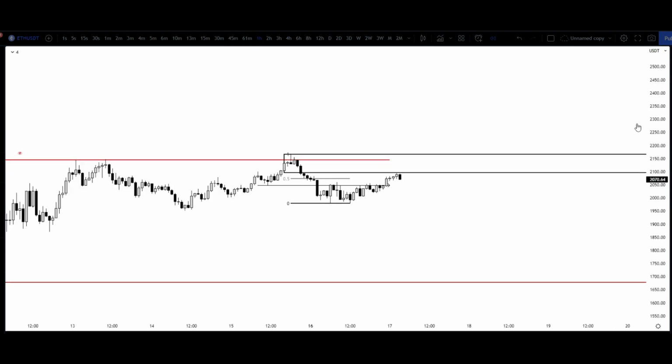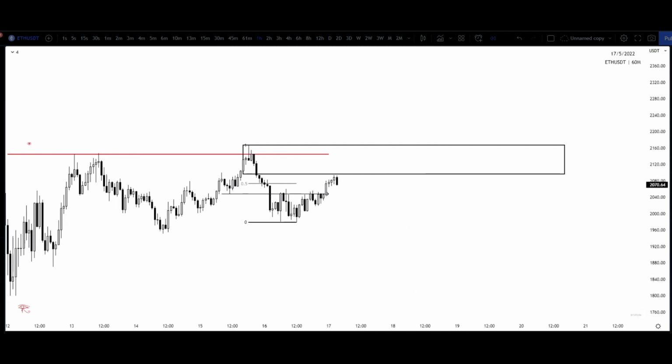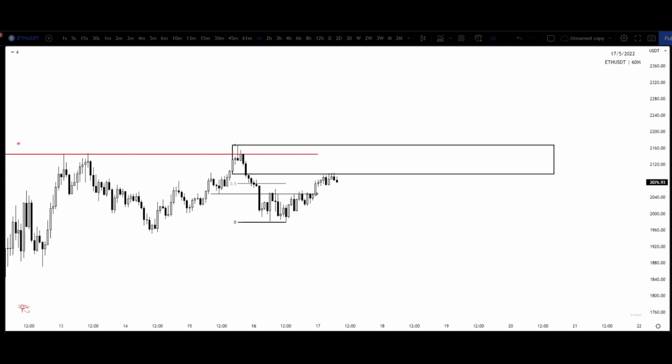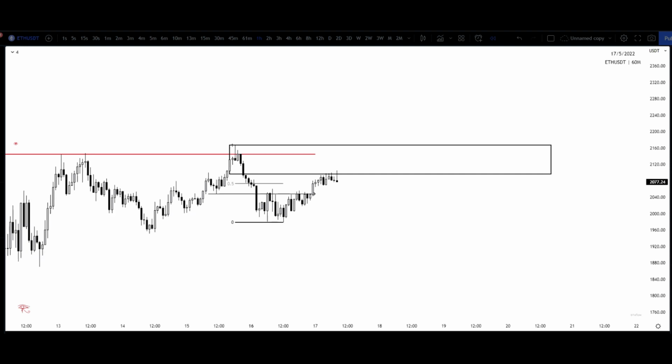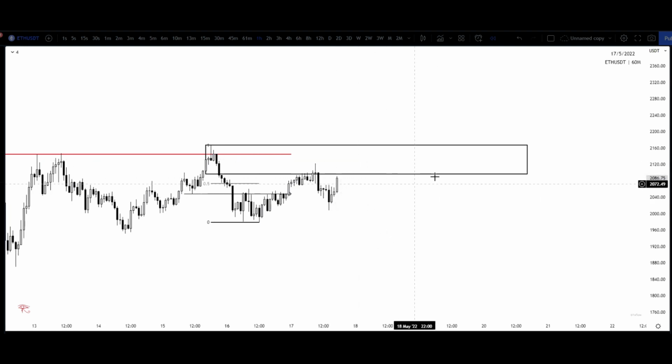So we're going to our 1 hour now. 1 hour is still bullish, low, high. Let's do it one more. Yeah, here we go. So now we receive that displacement, right?